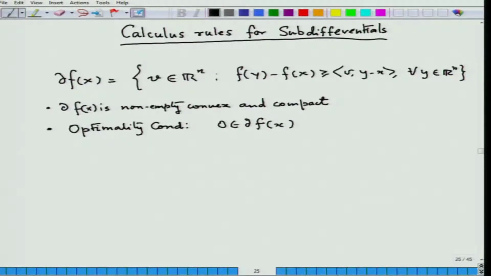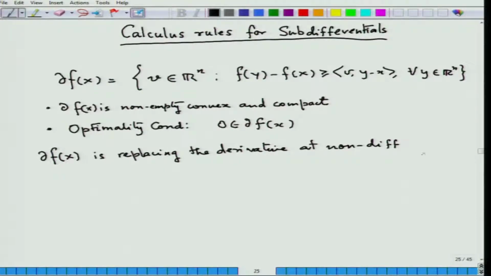Now, if I claim that del f x is replacing the derivative at non-differentiable points, then I need to show that it exhibits a calculus, just like the ordinary derivative exhibits a calculus: if you take the sum of two functions and take the derivative, it is nothing but the sum of the derivatives of the individual functions.